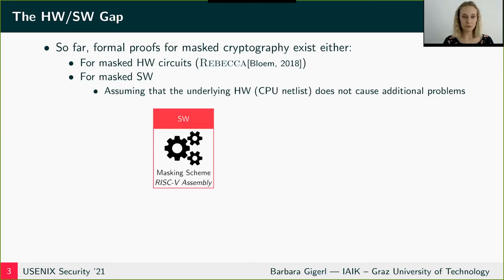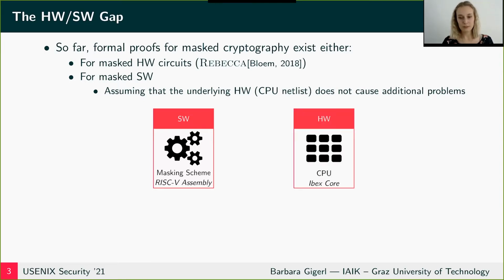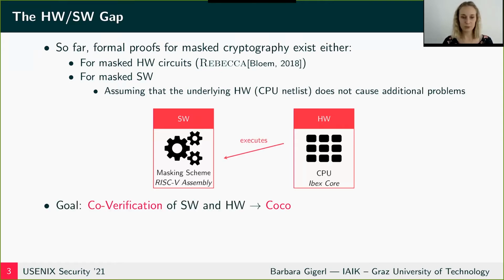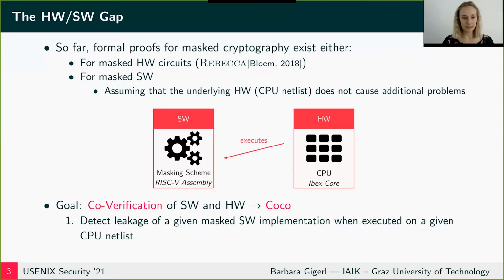So what we want to do with Coco is that we verify for a specific software and a specific hardware that the execution of the software on the hardware is secure. And this we call co-verification. And we do that in two basic steps. First of all, we try to detect leakage of a given software execution on the hardware on netlist level.